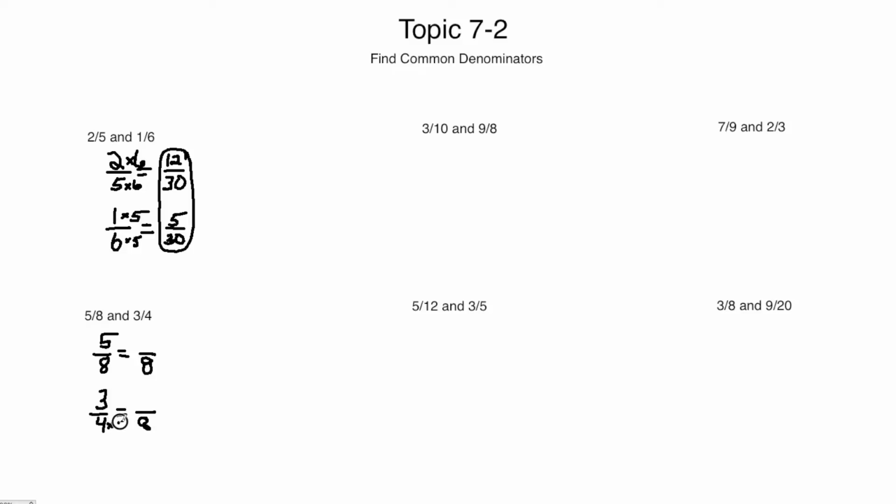So, in order to get 8, we had to multiply 4 by 2. 3 times 2 is 6. And for the other fraction we multiply by 1. 5 times 1 is 5. So our equivalent fractions with the common denominator are 5/8 and 6/8. Did you get that? Great job.